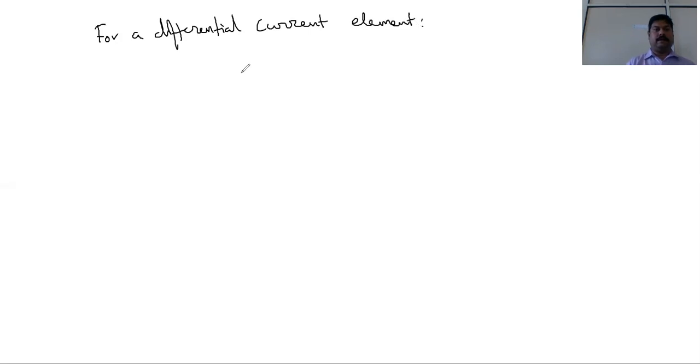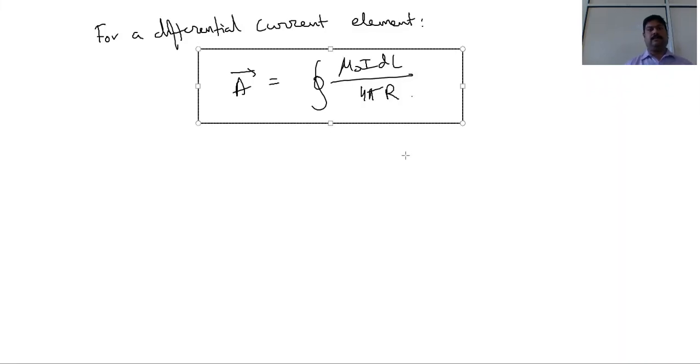So for a differential current element, meaning a very small current element, you can have A as mu naught I dl by 4 pi r. The derivation we are not going to do, but we are just going to remember that A can be explicitly written after some derivations and some assumptions such that A equals mu naught I dl by 4 pi r.